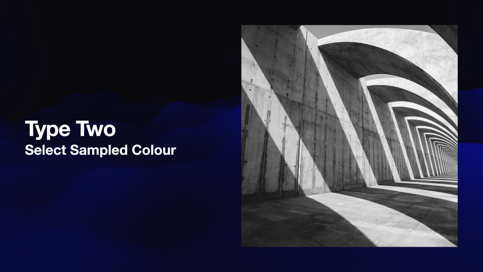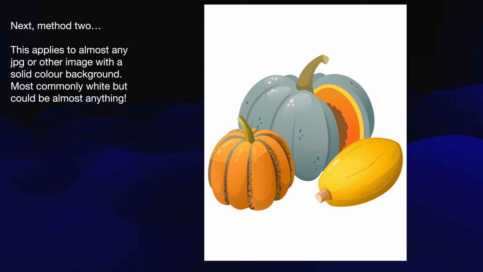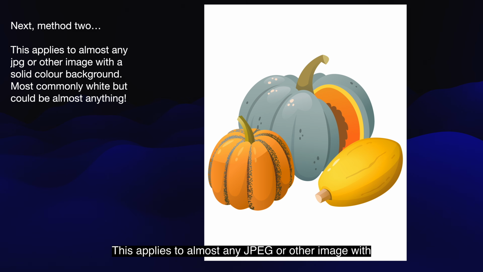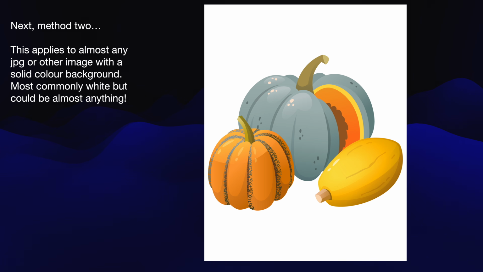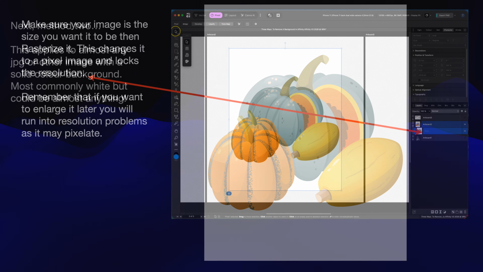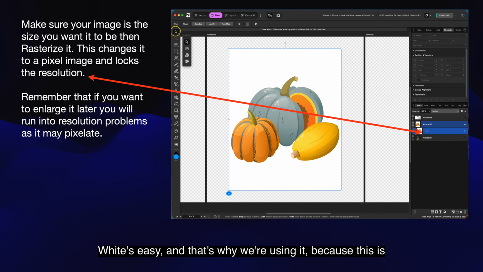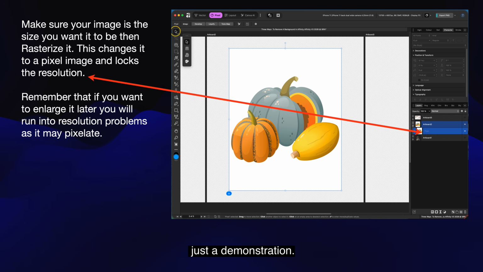Now, type 2, Selected Sample Color. This applies to almost any JPEG or other image with a solid color background, most commonly white, but could be almost anything. White's easy, and that's why we're using it, because this is just a demonstration.